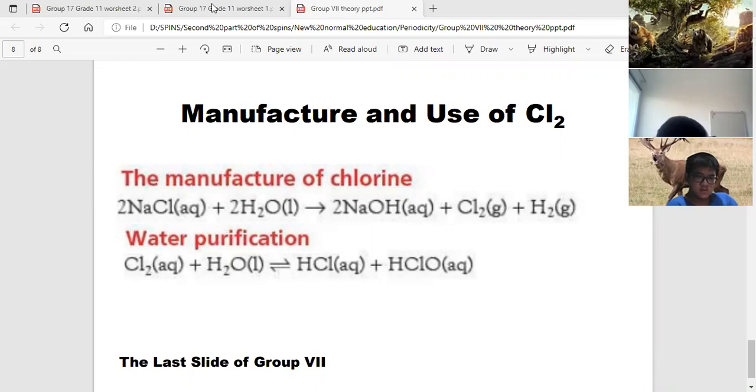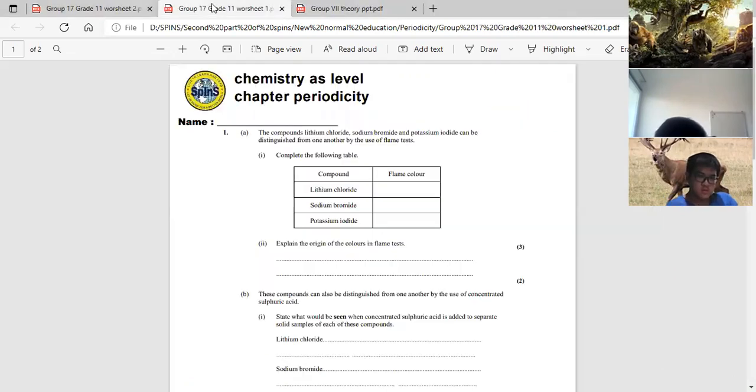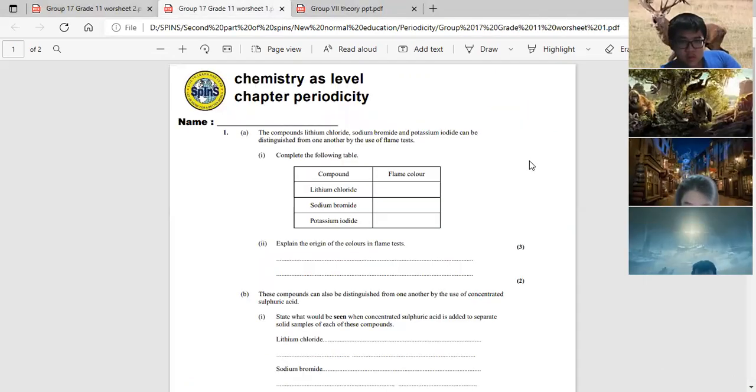Now let's discuss this one from worksheet 1. The compounds here have a relation with group 7. Chloride, bromide, and iodide can be distinguished from one another by the use of flame test.